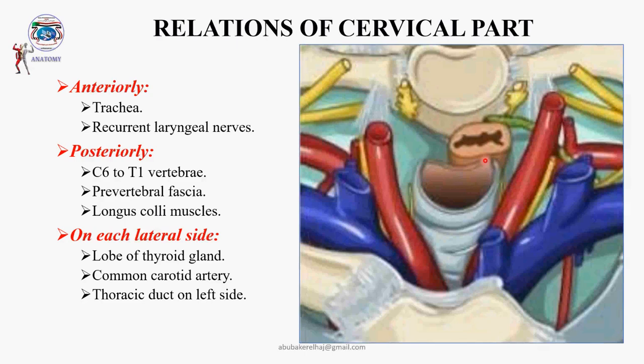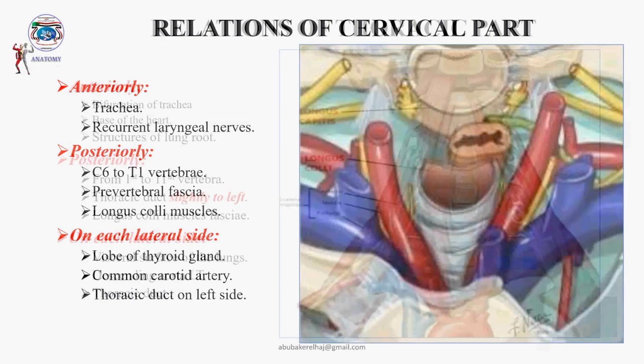On each side, it is related to the lobe of the thyroid gland, the common carotid artery, and the thoracic duct, which is commonly on the left side in the cervical part of the esophagus.